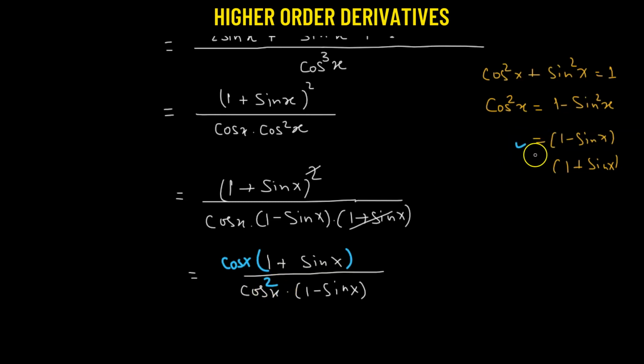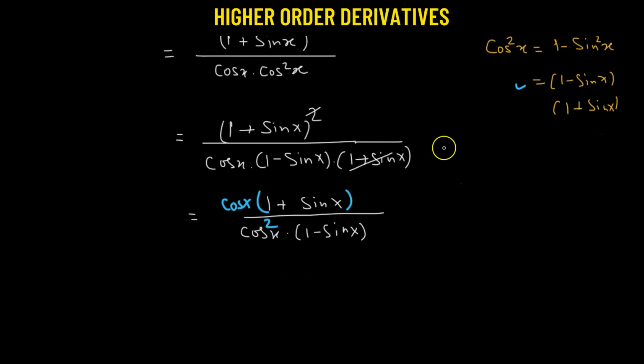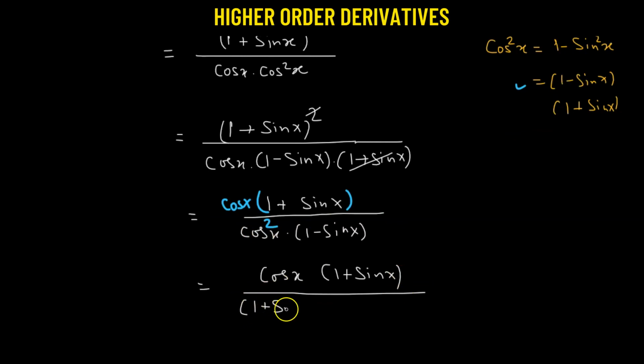Again, we'll use this. So this will give us cosine of x multiplied by 1 plus sine x divided by, since we have cosine squared x, we will use it as 1 plus sine x multiplied by 1 minus sine x, and we already have 1 minus sine x, right?